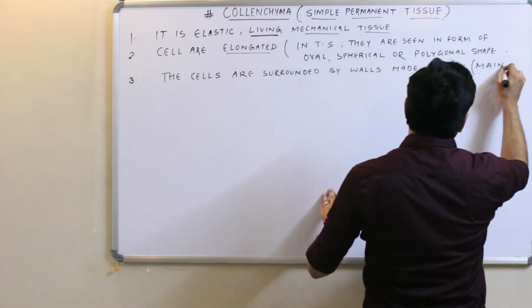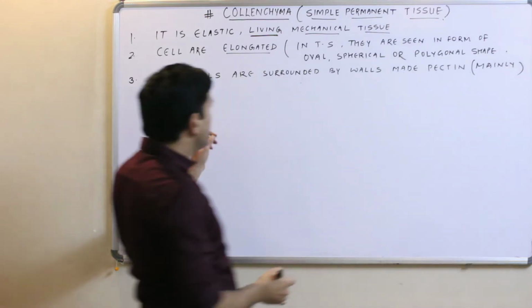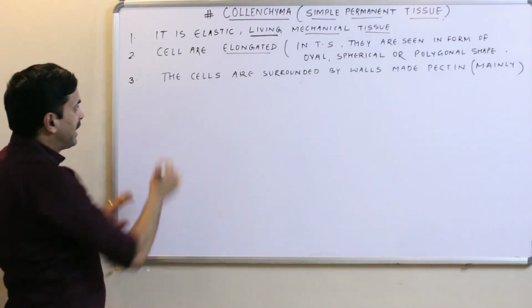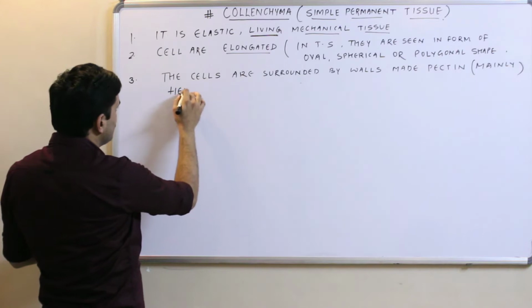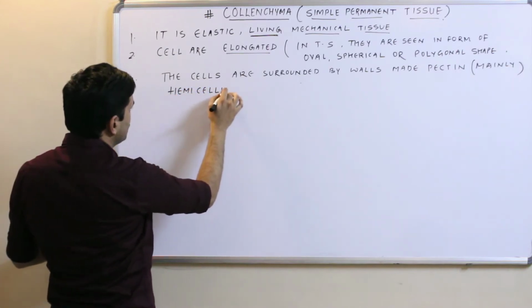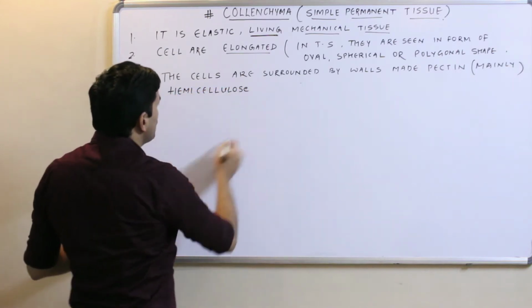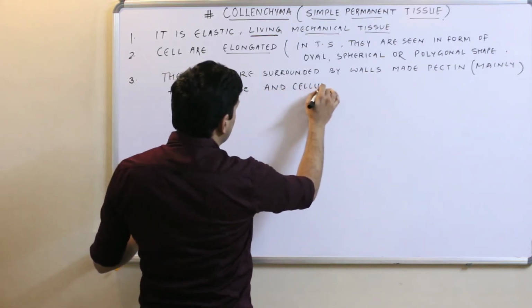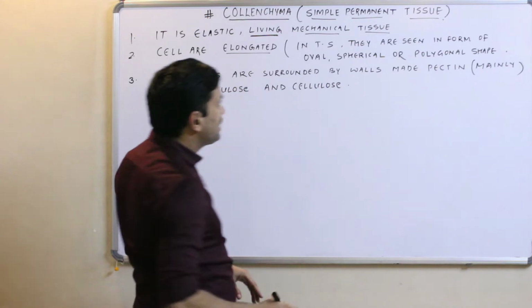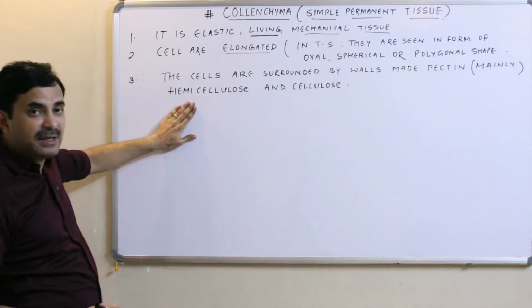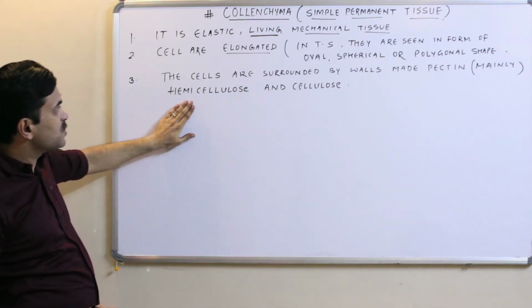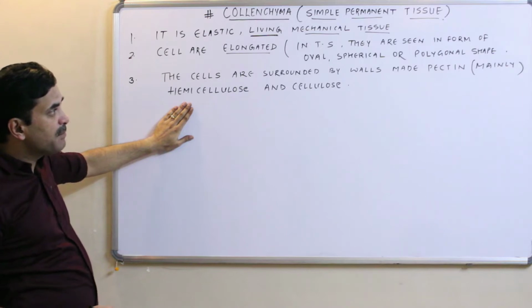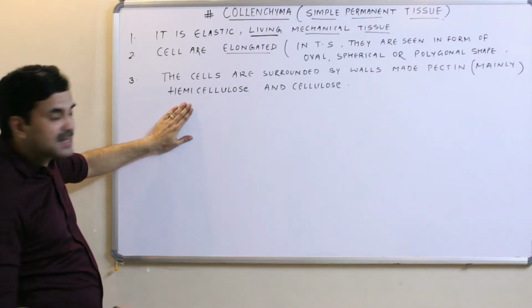Mainly pectin is there. The cells are surrounded by walls made of pectin, hemicellulose and cellulose. But the percentage of the pectin is more than the hemicellulose and the cellulose. So cells are surrounded by walls made of pectin, hemicellulose and cellulose.